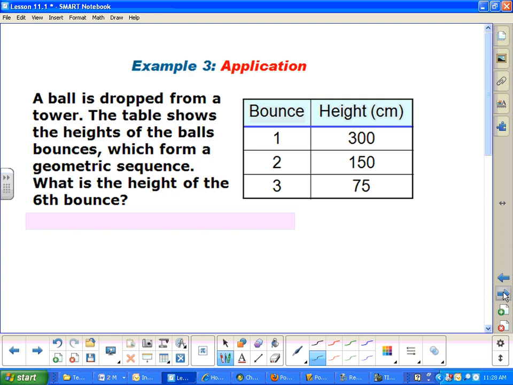So, anyway, balls drop from a tower. The table shows the height of the ball's bounces, which form a geometric sequence. What is the height of the sixth bounce? Okay. So this problem is one where, all right, do I need a formula to do this? You could use one, but you don't need one. Okay? In any of these sequences, you really don't necessarily need the formula.